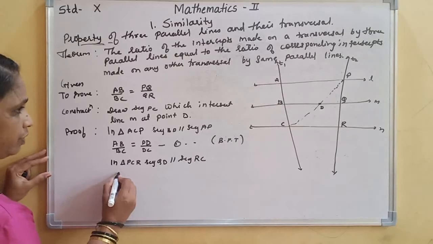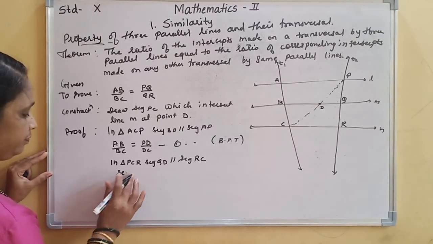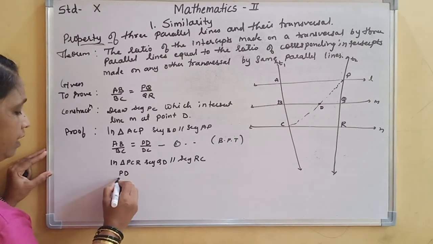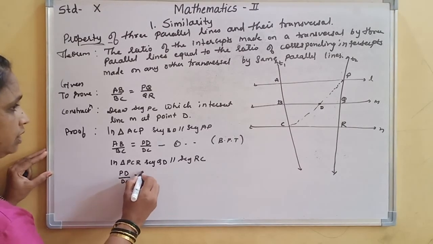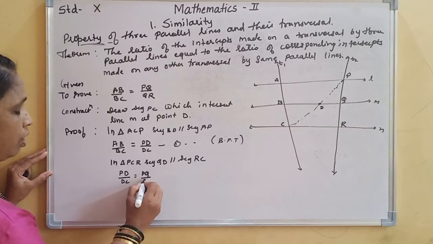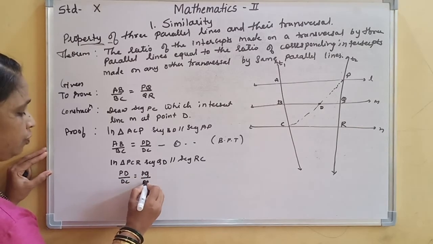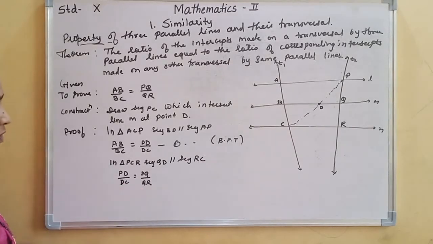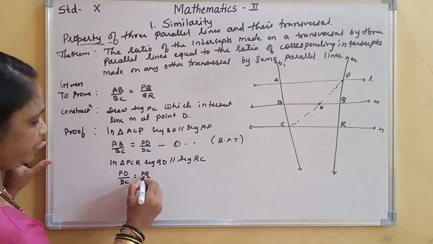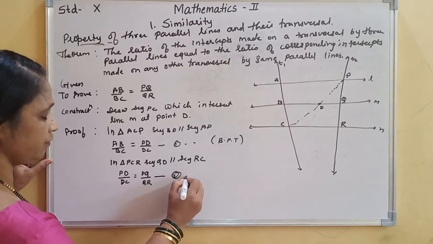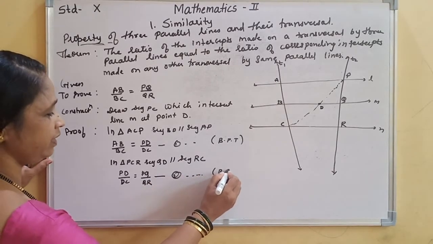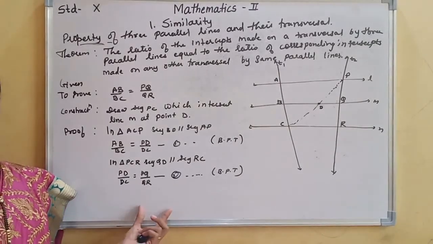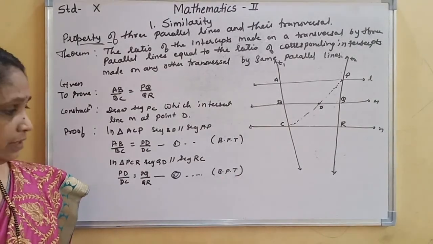So it will be PD upon DC is equal to PQ upon QR. We will call this equation number 2, and the reason is the BPT theorem.